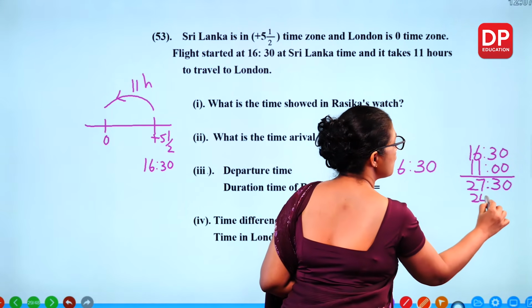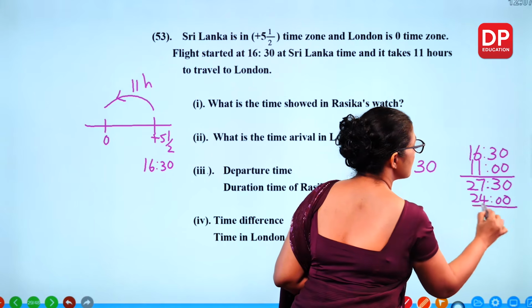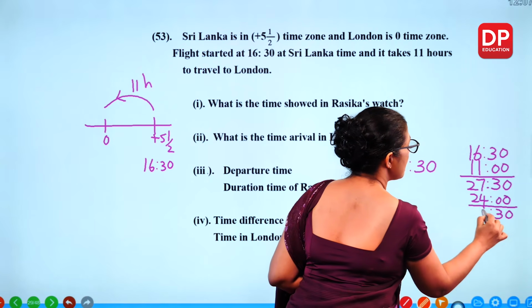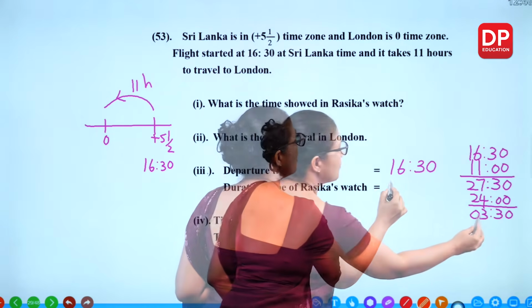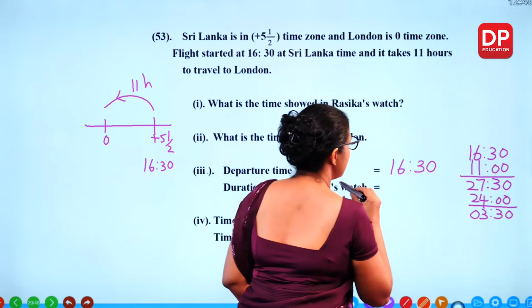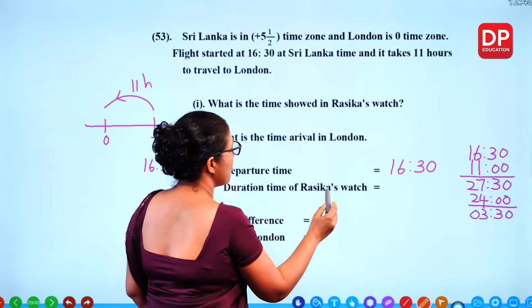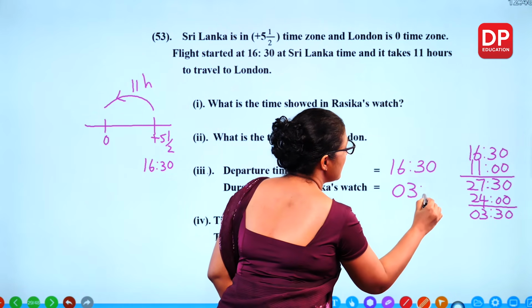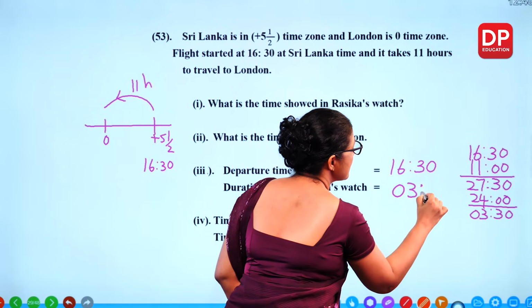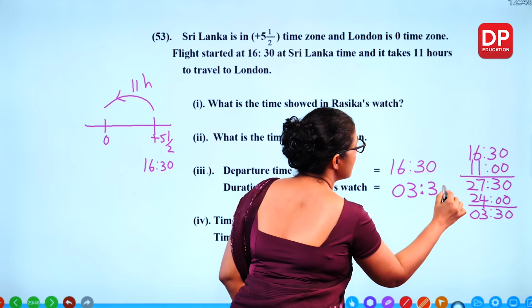You have to subtract 24. That means 3:30 in the morning. So you get 3:30. So the time on Rasika's watch now is 3:30.